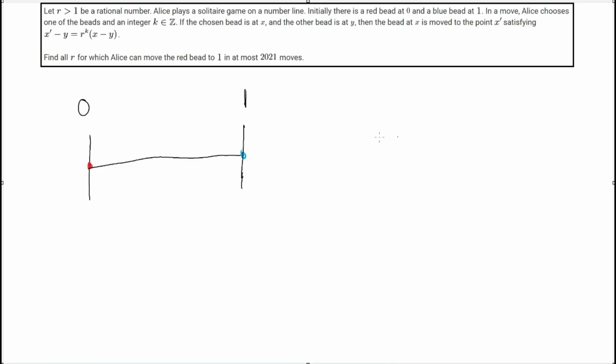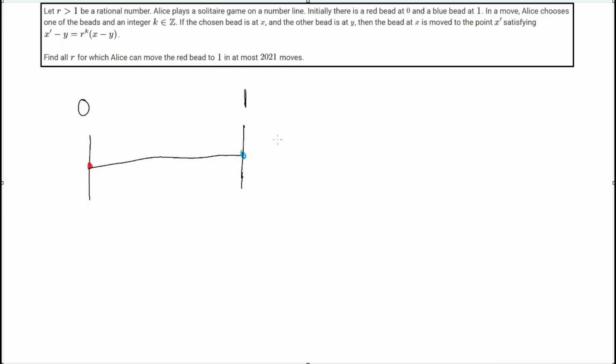So we want somehow this r to the k factor to be invariant, or equivalent to 1 in some manner, so that these two are always related in a fixed manner. And that requires there to be some sort of structure going on. And we can study it rather well.